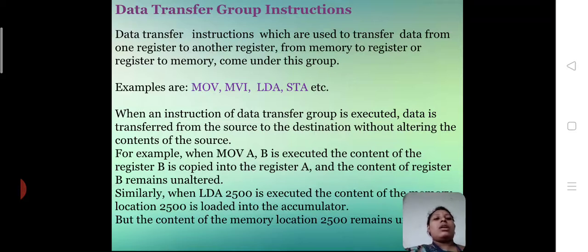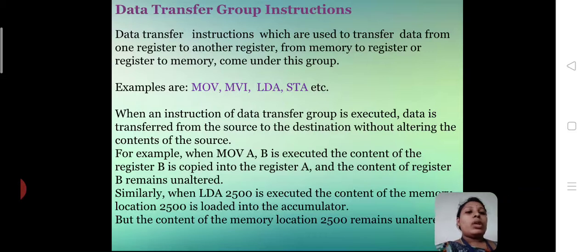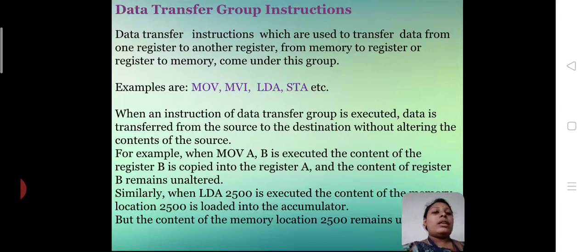B remains unaltered. Similarly, when LDA 2500 is executed, the content of memory location 2500 is loaded into the accumulator. Whatever content is stored in memory location 2500 is directly loaded into the accumulator, but the content of memory location 2500H remains unaltered.